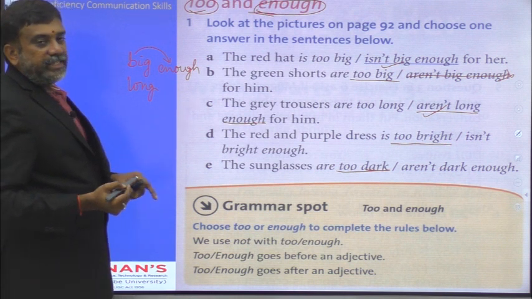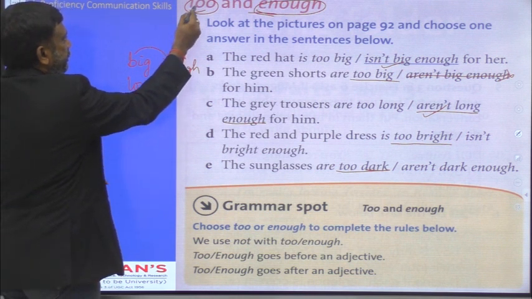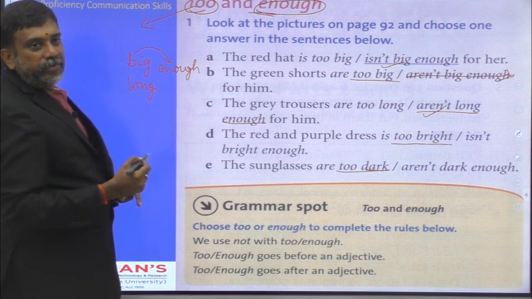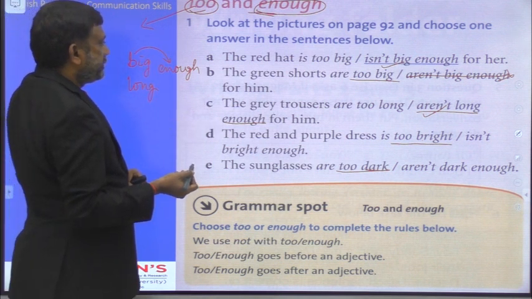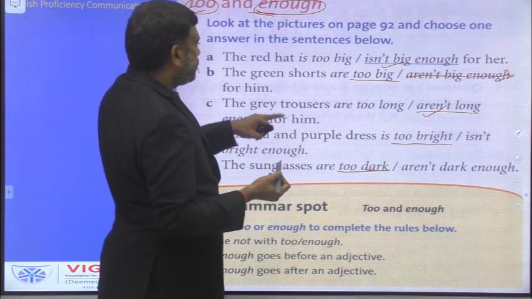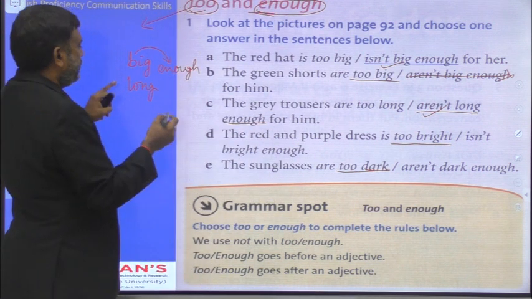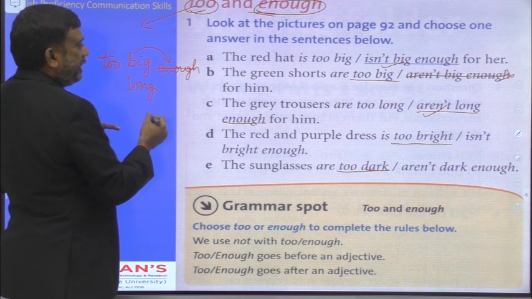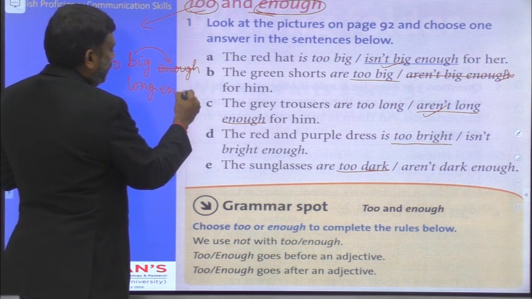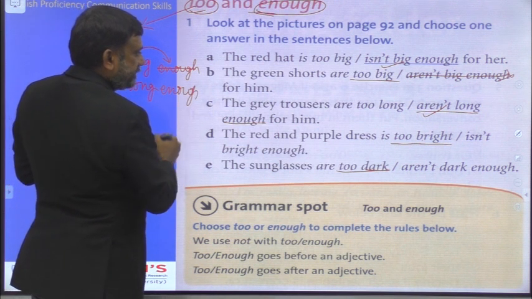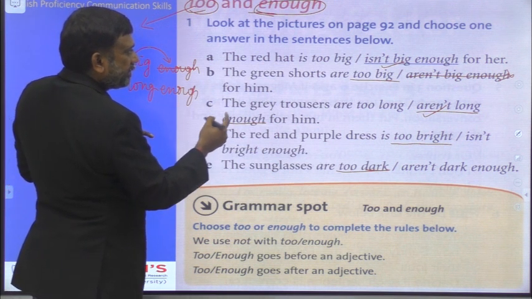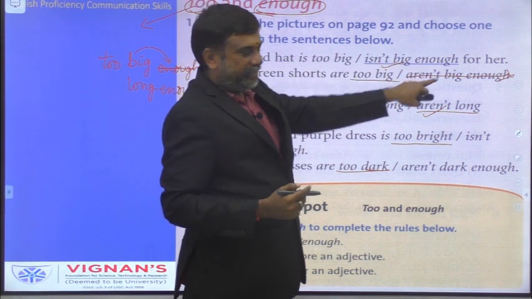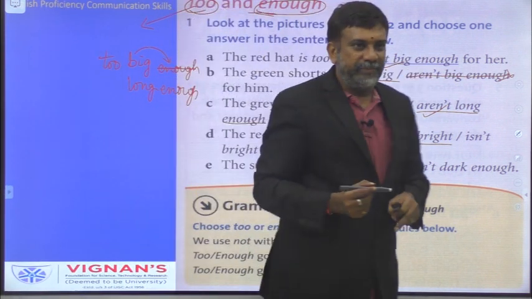But in case of too, we could see that it came before the adjective. So here, big comes after too, and long comes before enough. Next, big, both are correct. This is the best example.